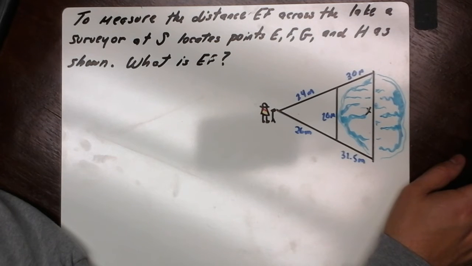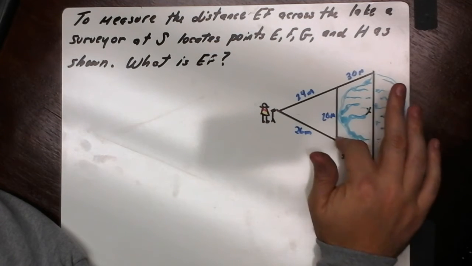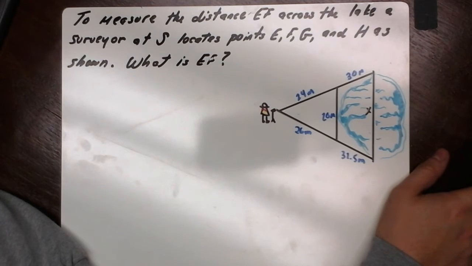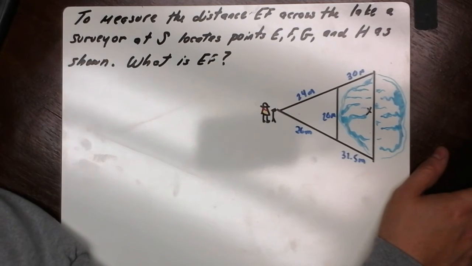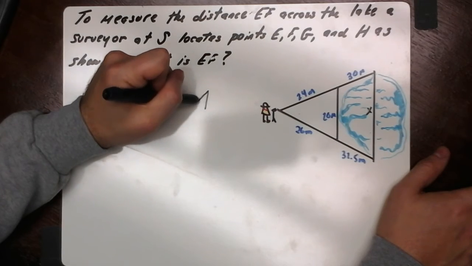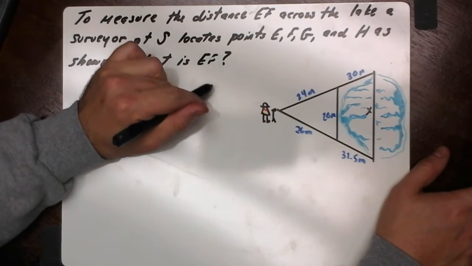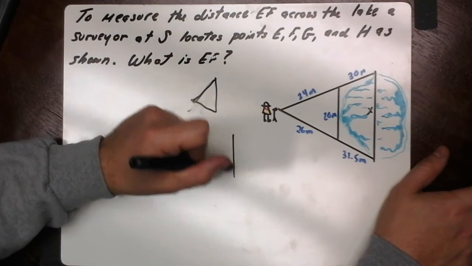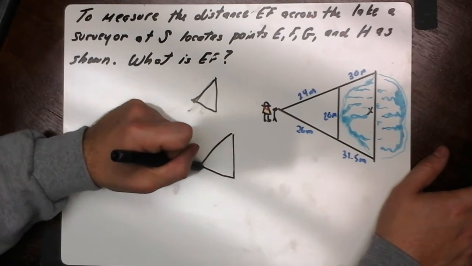Though they didn't make it totally clear, these lines are parallel, so that makes everything similar. It actually makes it similar through the angle-angle postulate, in case you were wondering. So I'm going to separate my two triangles. Let's make that a little bit bigger. So this is the little one, and here's the big one.